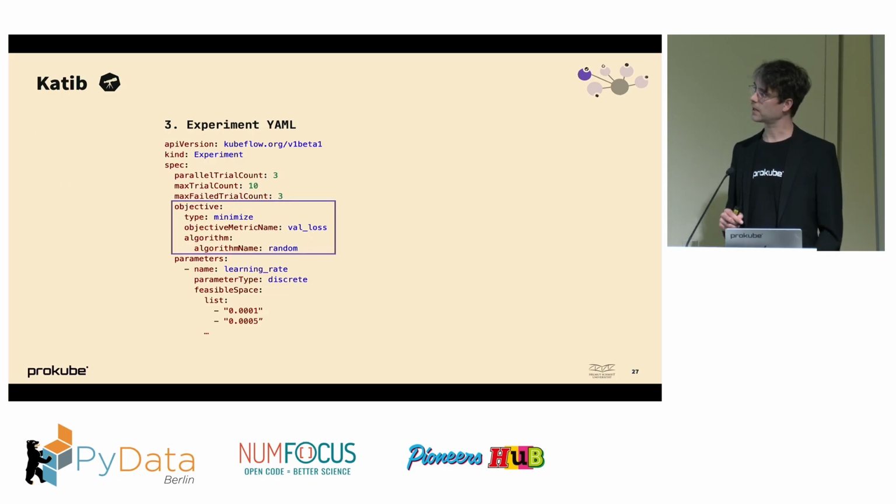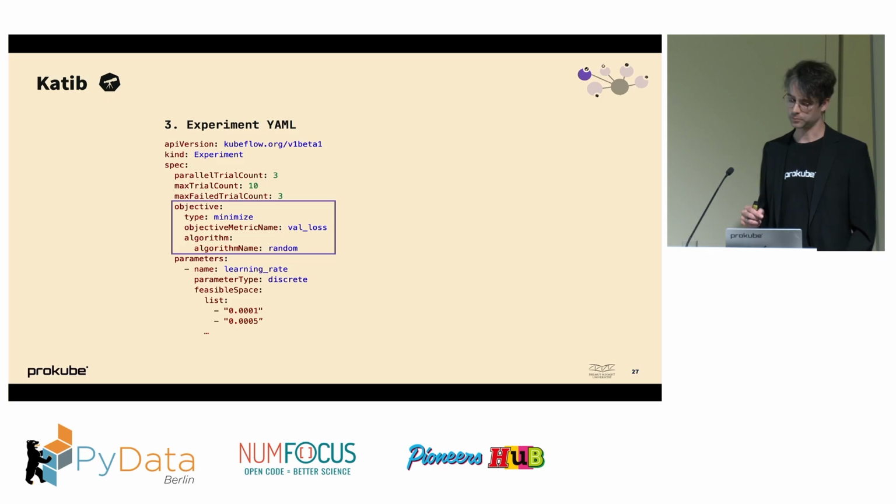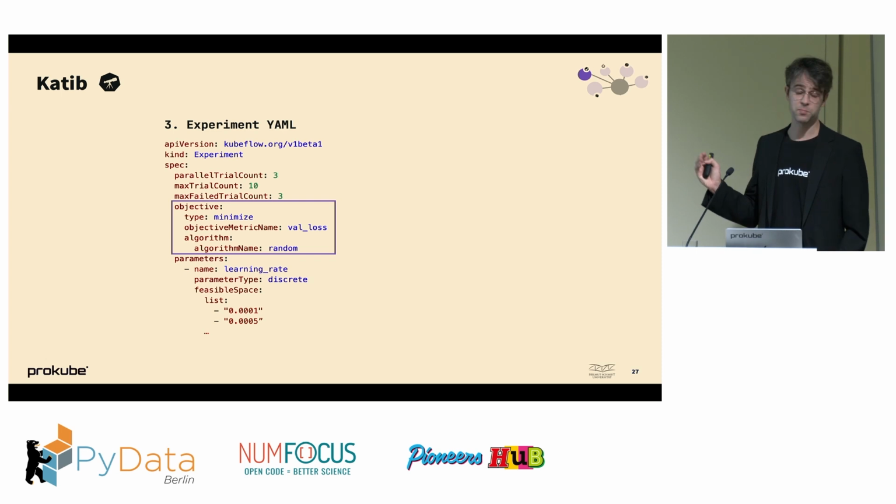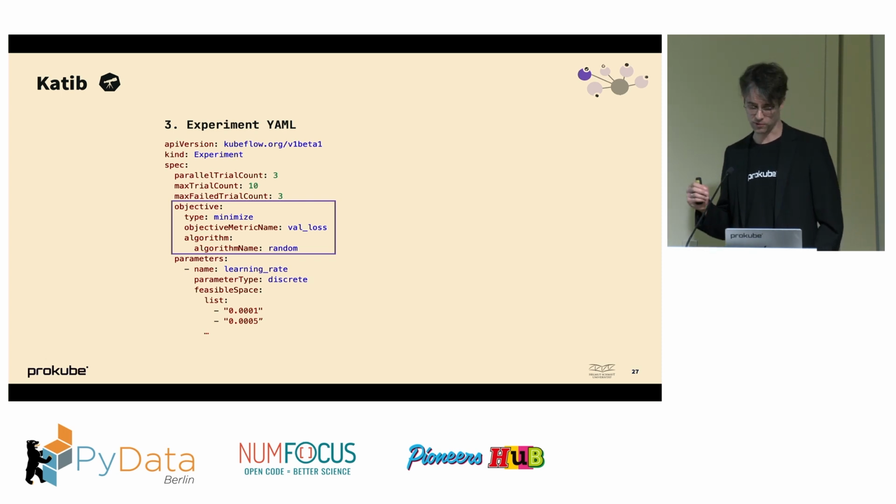So then we need to tell Katib what it should actually do. And here we say we want to minimize this validation loss, and we want to use this random algorithm, which obviously is, or perhaps not obviously, but might be a very bad choice, might also be the right choice. In this case, it's just there as an example. So Katib supports lots of different things there, and you can do something more involved as well.